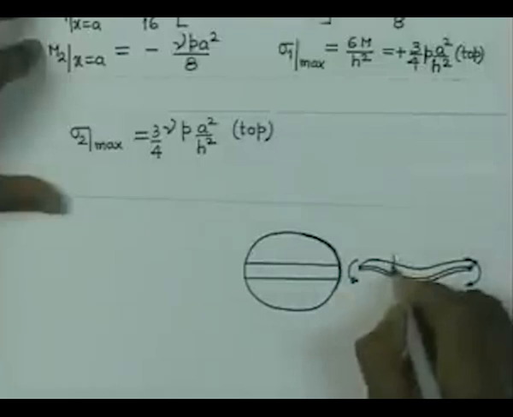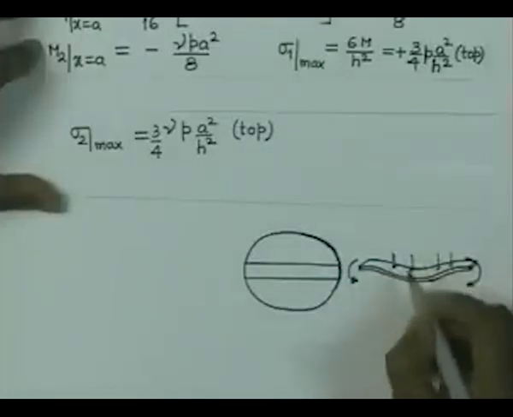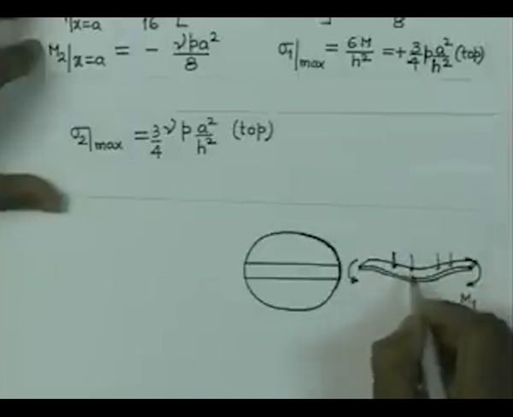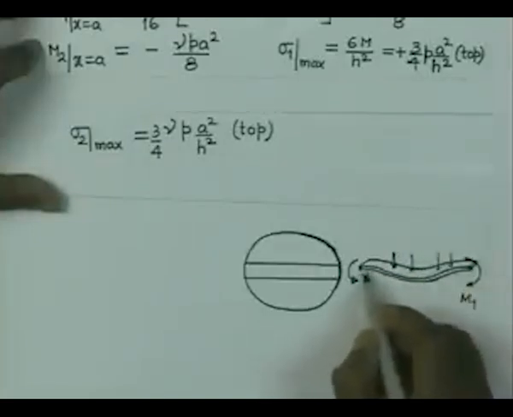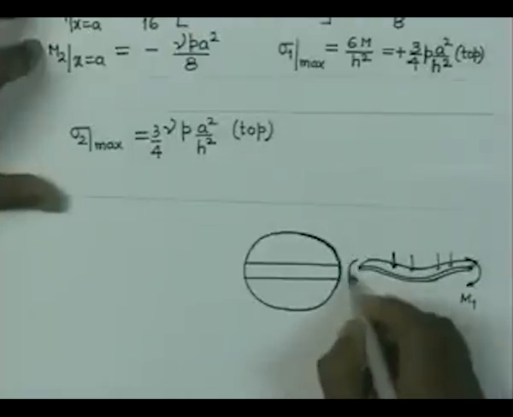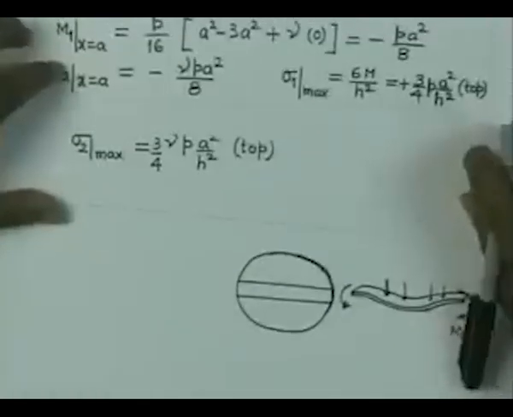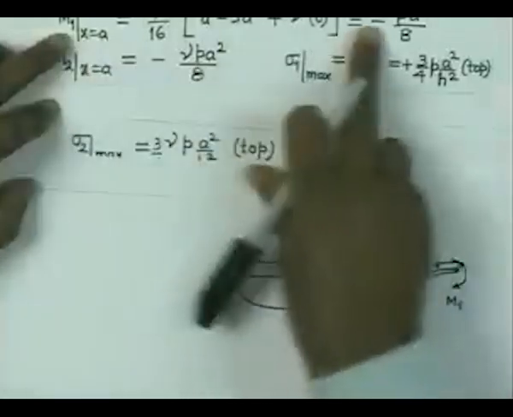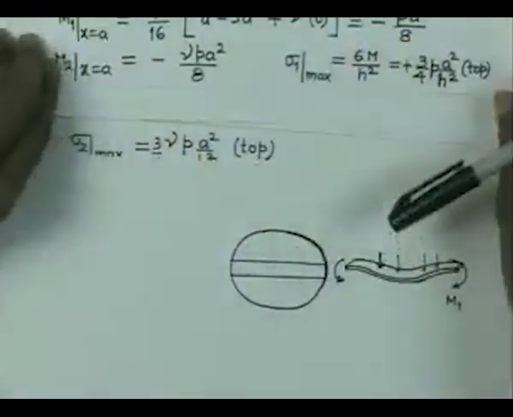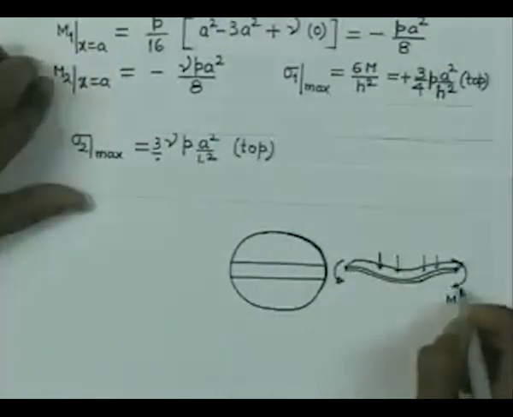Because of the pressure acting all over, it is going to bend like this, and you see here that the curvature is negative, whereas the curvature here is positive, and this is possible. The bending moment is acting like this. Already we have seen that M1 and M2 both are negative bending moments. So, this M1 at the end is minus P a square by 8. It is a negative bending moment and it acts like this.